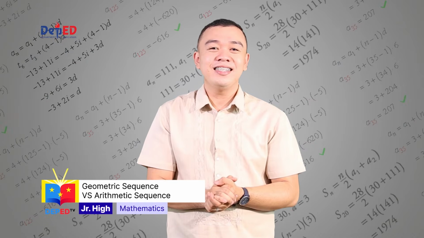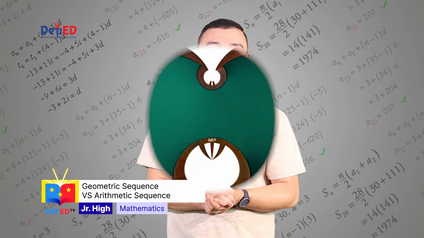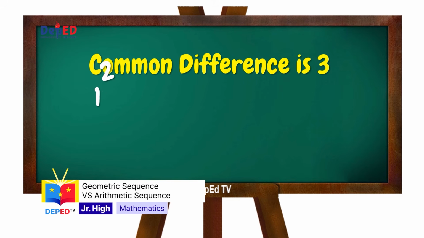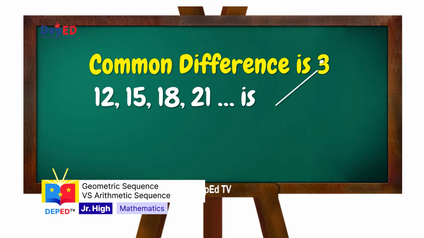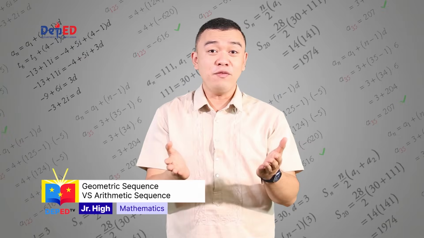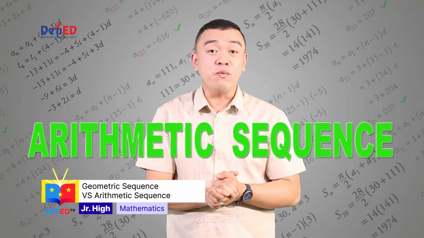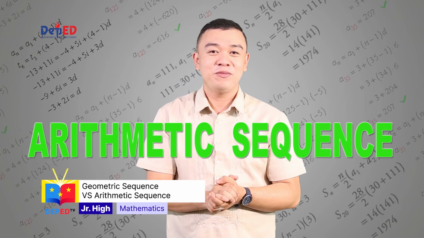Take a look again at the given sequences. For sequence A, 12, 15, 18, 21, and so on is... You're right! Since a common difference 3 is added to the preceding term to get the next term. Therefore, it is an arithmetic sequence.